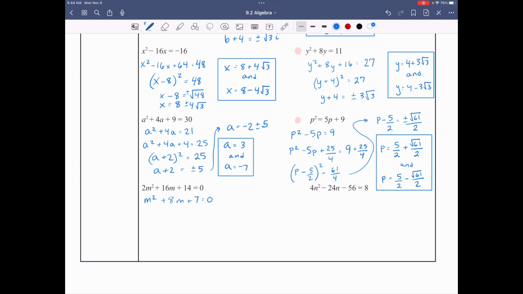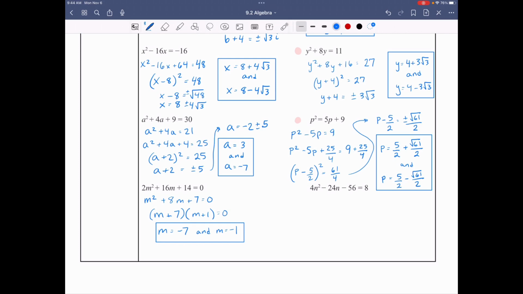In this case, we can just factor it, because we don't even need to use what we've been working on just now, because factors of 7 that add up to 8 are this. And so we get m equals negative 7 and m equals negative 1. We could use the method of completing the square, but I just recognize that that factors nicely.